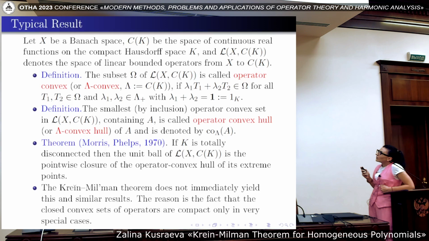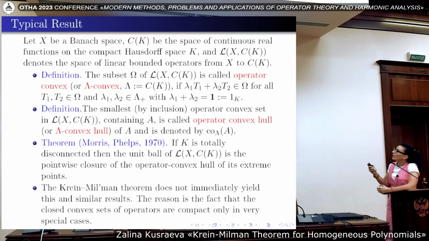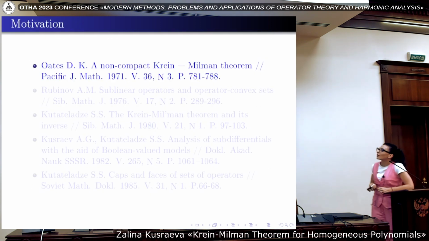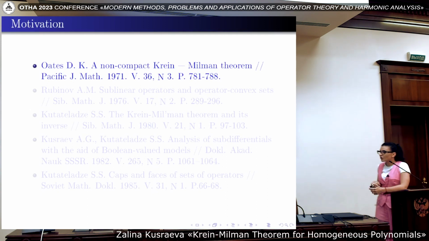During the next 30 years, a number of authors worked in two directions on this problem. First was to give an explicit description of extreme points of different convex sets of linear operators, and the second direction was to obtain different Krein-Milman type theorems to try to generalize it.